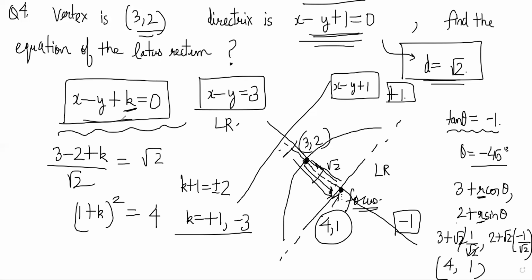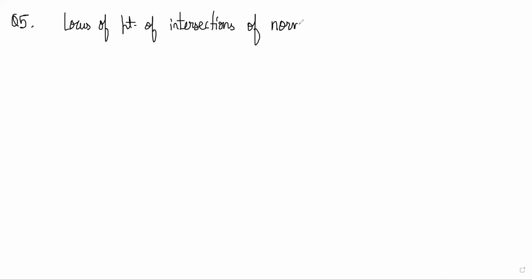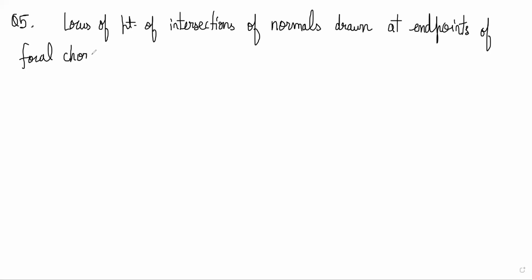Okay. Then the next one is this one. Locus of point of intersection of normals drawn at endpoints of a focal chord of a parabola y square is equal to 4ax.